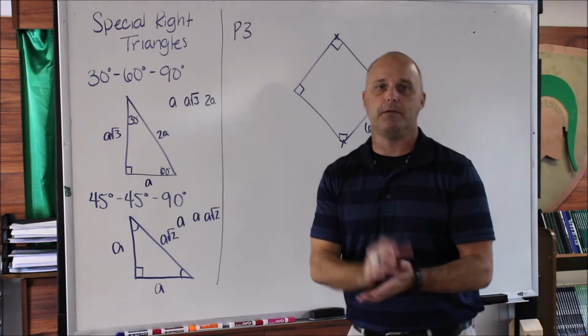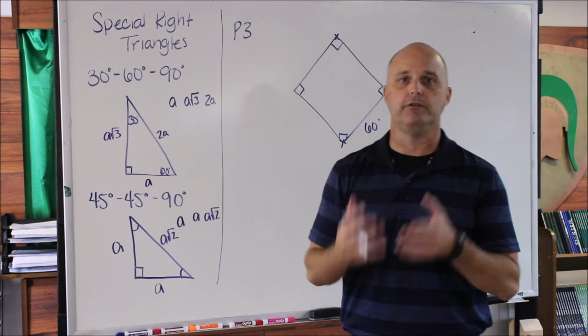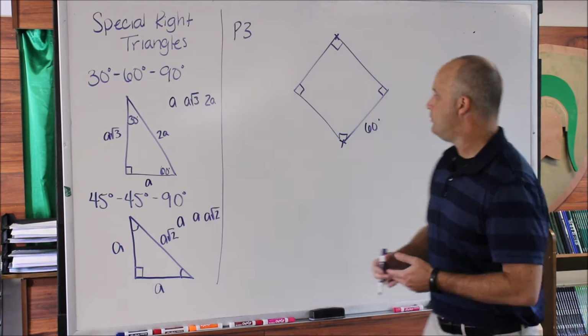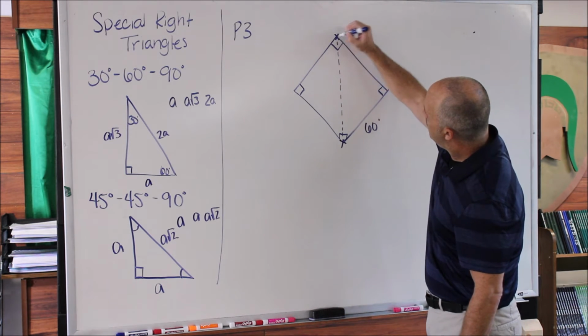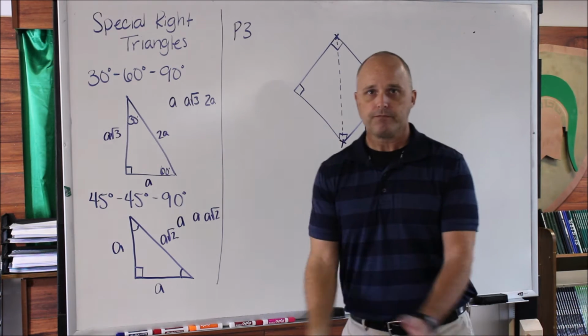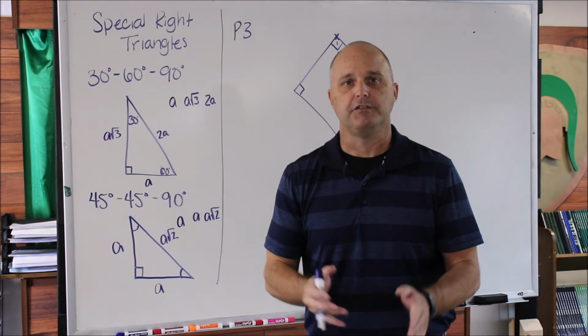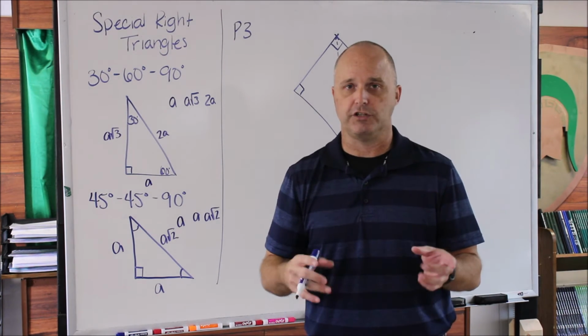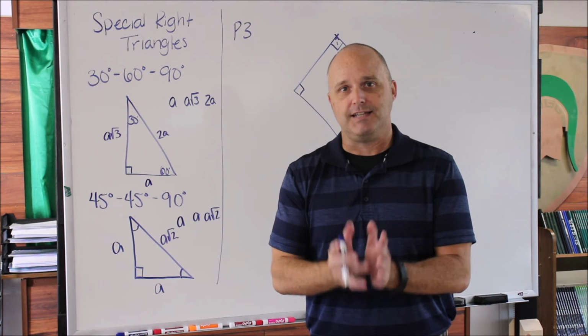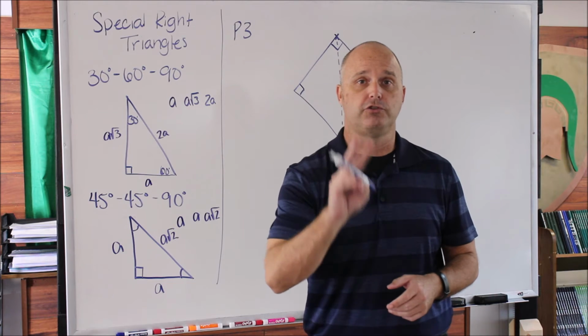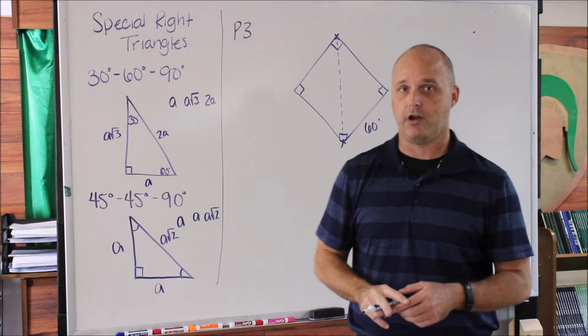So in order to be able to make this work, what we have to do is use an auxiliary line. And I'm going to draw an auxiliary line in from home plate up to second base. Now what this is going to do is it's going to split this diamond, which is just a square that's been rotated 45 degrees. It's going to take this diamond and turn it into 2 right isosceles triangles.